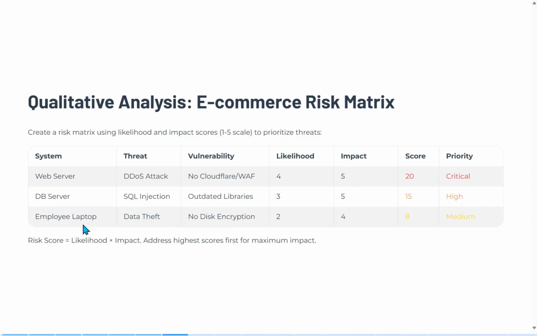So now the system here we have is an employee laptop. The attack this one can be prone to is data theft. Why will this occur?